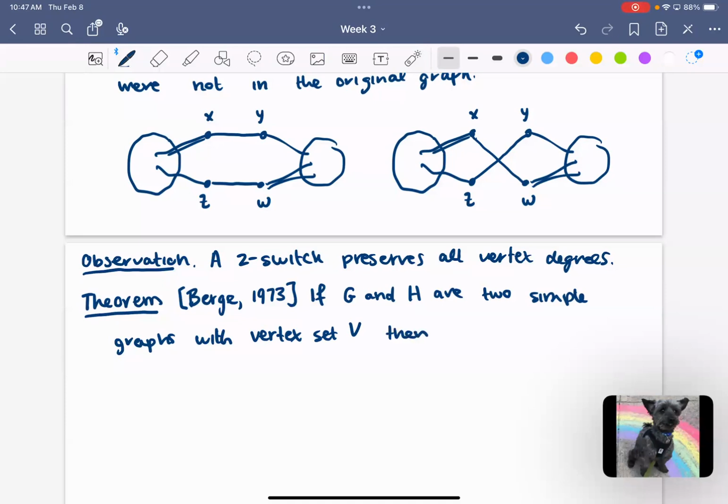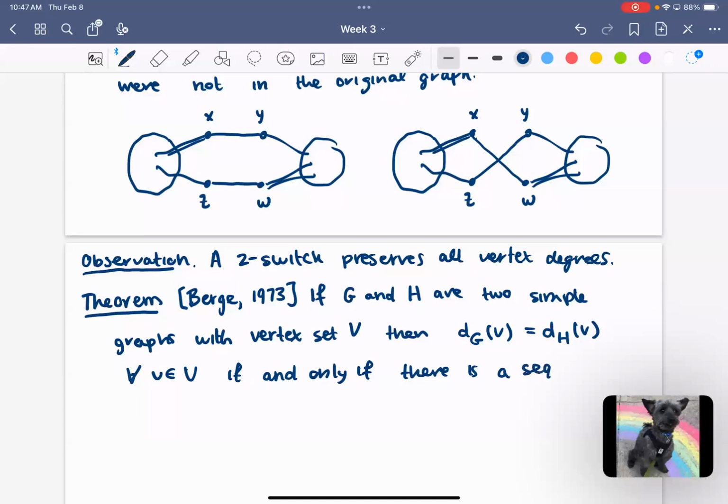So the degree in G of v is equal to the degree in H of v for all v in V, if and only if there is a sequence of two switches that transforms G into H.